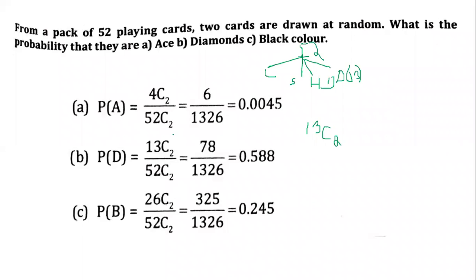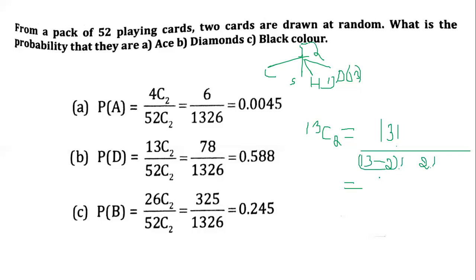And when it comes to the sample space, it is same as the first one, that is 52C2. There are total 52 cards, and in those 52 cards, I am selecting two cards. So that is the probability of getting diamonds. Now solve this 13C2. 13C2 is 13 factorial divided by 13 minus 2 factorial into 2 factorial.